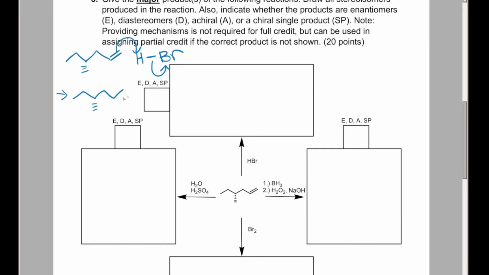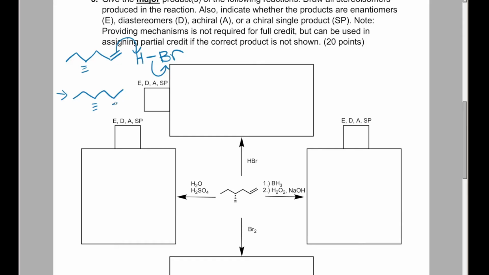And keep in mind there's two possible places you can place the carbocation. It can either be here or it can be here, because both of these carbons are in between this double bond.